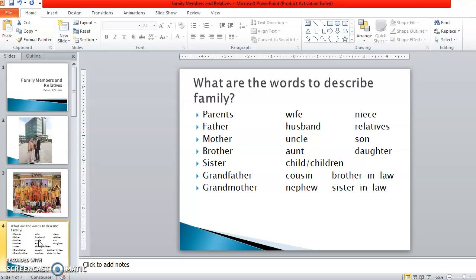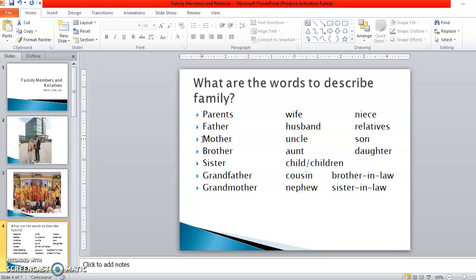Now the question is, what are the words to describe family? As you can see on the slide, there are some words we can use to talk about family, starting from parents. Parents consist of father and mother, right? Pay attention to the pronunciation, to the phonetics, when we put the stress, whether at the beginning or in the middle, and also the intonation and the sound.